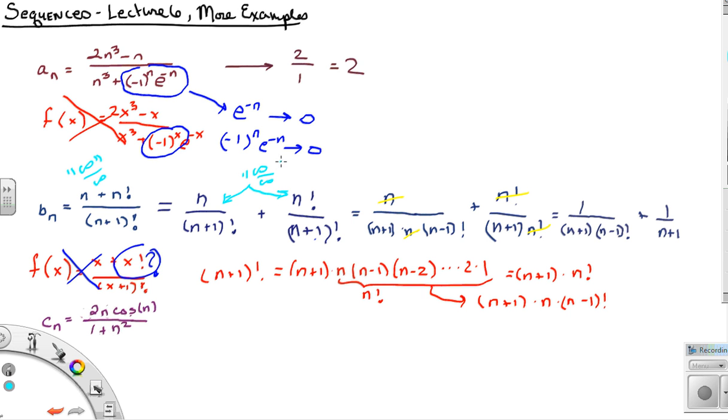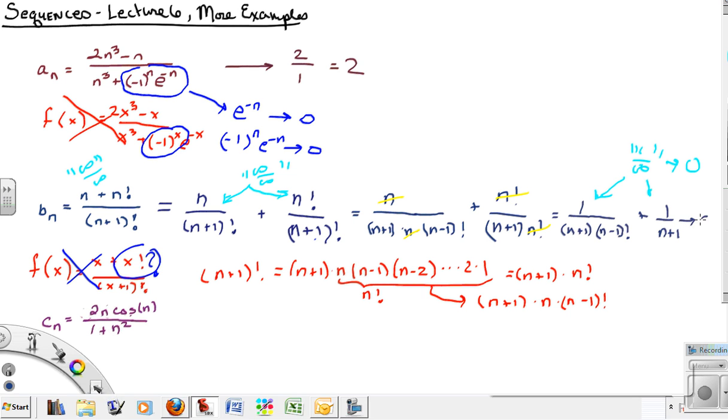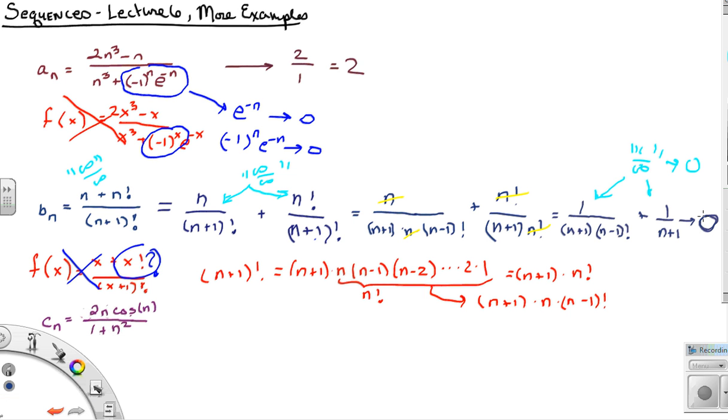Those are indeterminate forms. However, both of these now are in what form? Yeah, non-infinite over infinity. That's determinate. Non-infinite over infinity goes to 0. So that tells me this limit is 0. 0 plus 0, which is 0.